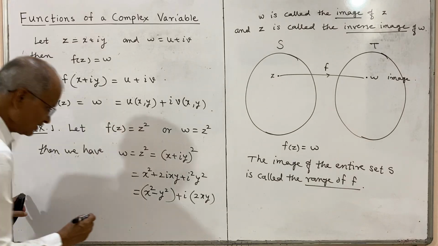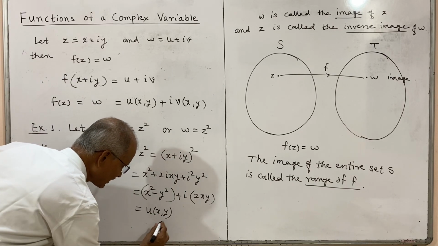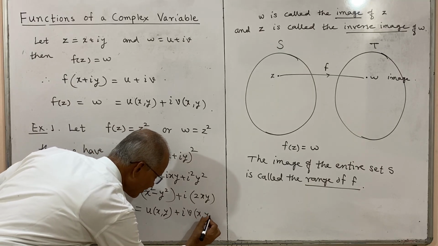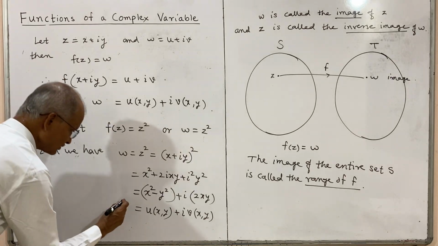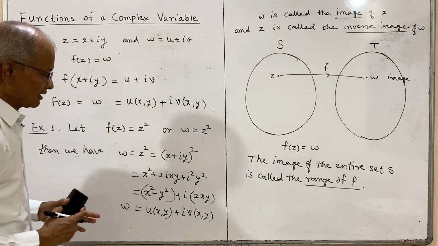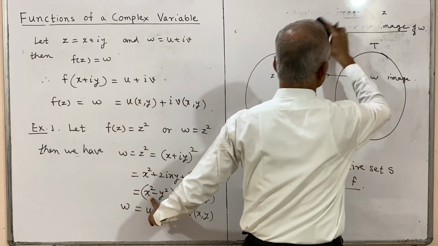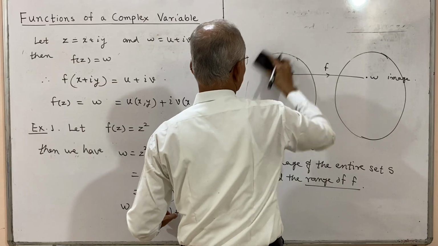Thus this is the function u of x comma y plus i, and this is v of x and y. So this is w, thus u is x square minus y square, the real part of the function f of z.